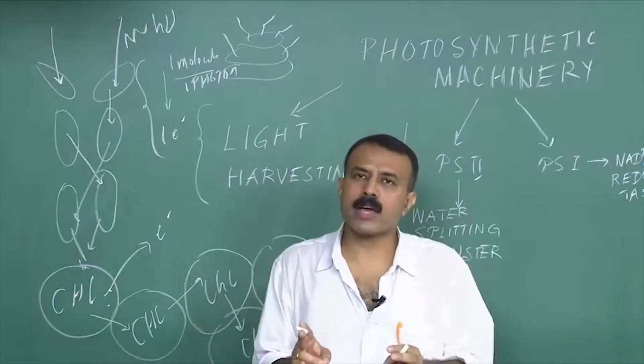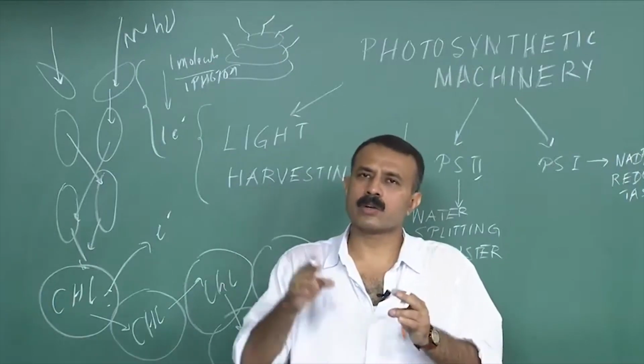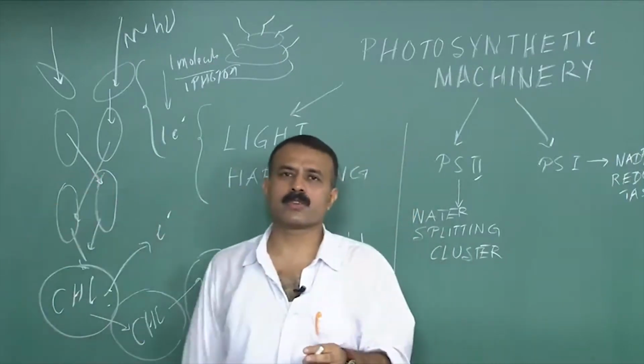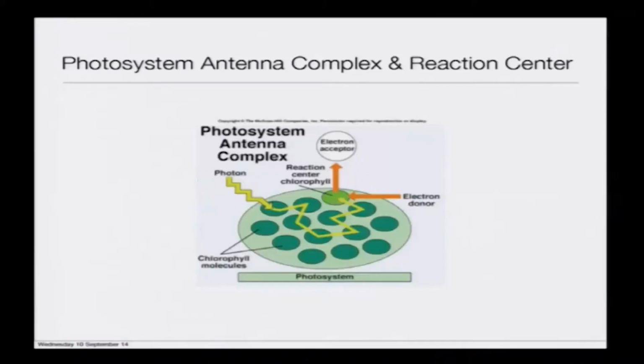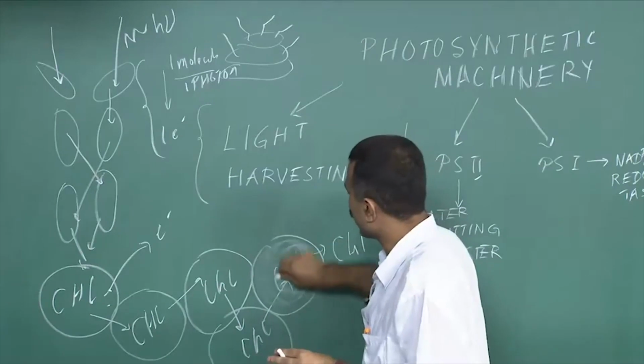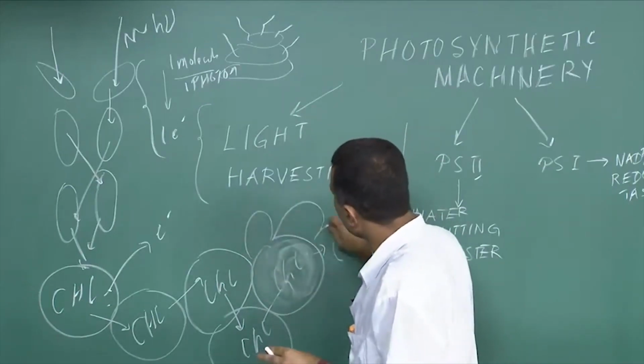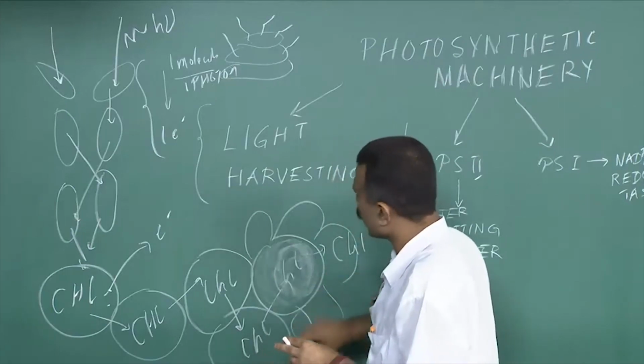There are specific reaction centers where the electron is ejected out and that electron is accepted by several series of carriers. If the one I am shading is a reaction center, in and around this there are series of other proteins.